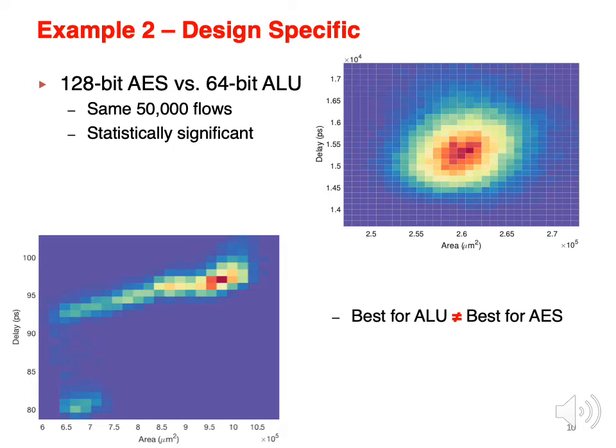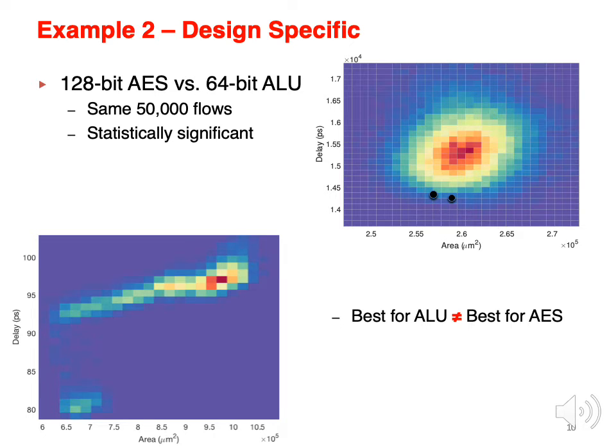One of the main targets of this work, I have mentioned many times, is enabling cross-design exploration. Here is an example of why this is very important and why it is very challenging. We applied the 50K random flows to two different designs. First of all, we can see the distributions of these two designs are very different, although they are using exactly the same 50K random flows.